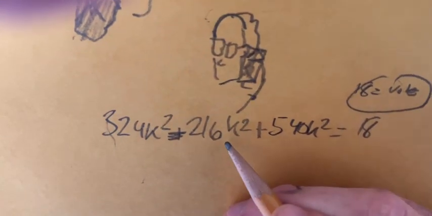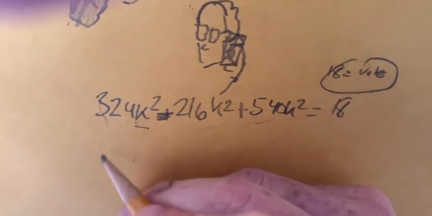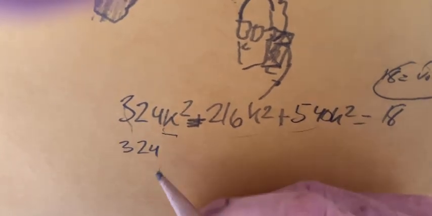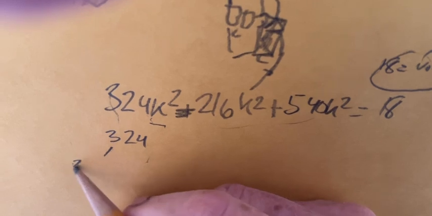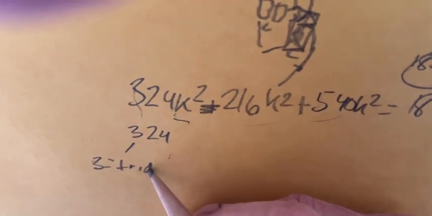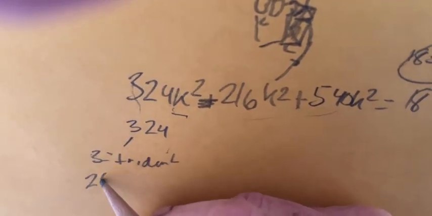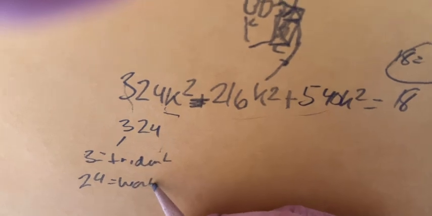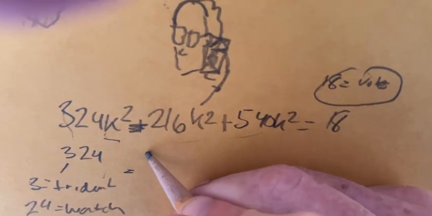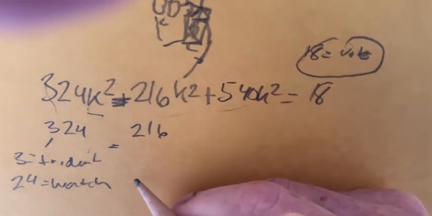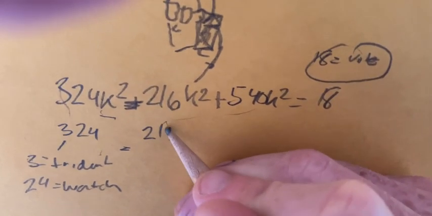Now, this is not math, but what's Karl supposed to do? 324. I don't have a number for 324. What I do have is 3 equals trident, the car. 24 is watch. Minus 216. Minus what?